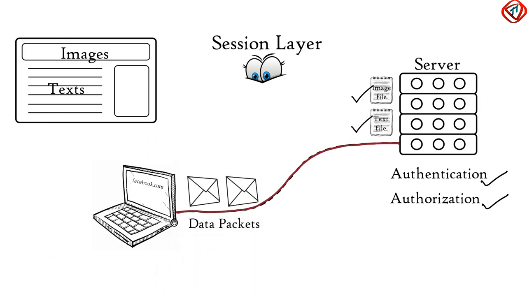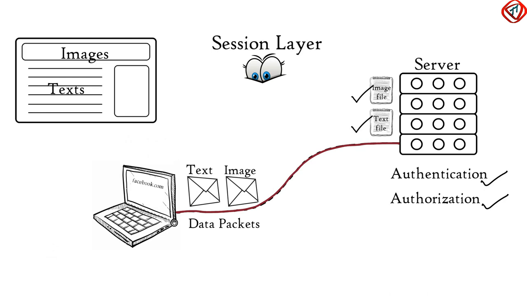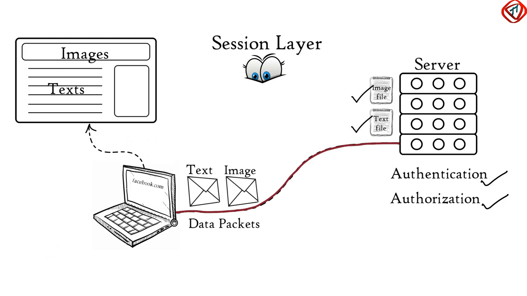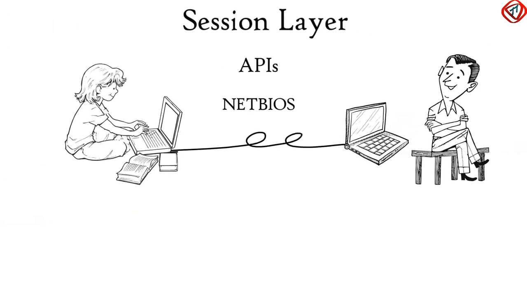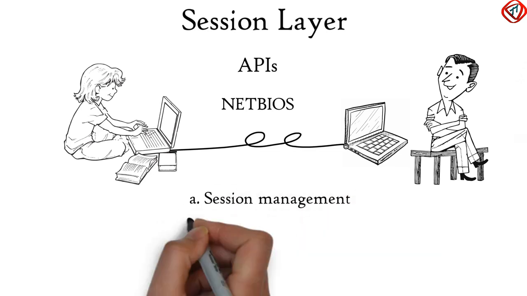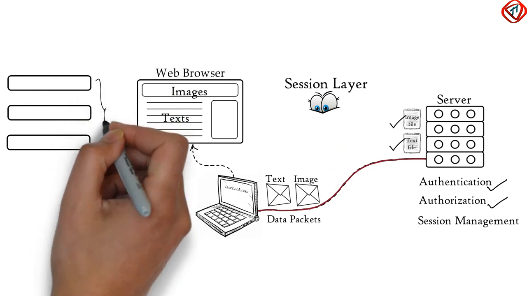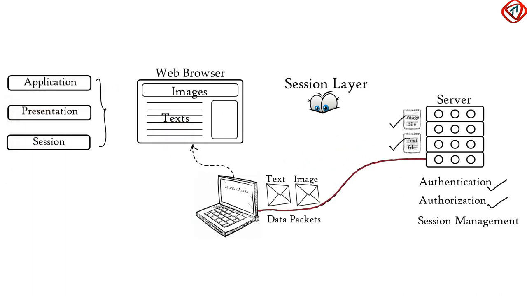The session layer keeps track of which data packet belongs to which file, either text file or image file, and tracks where the received data packets go. In this case, it goes to the web browser. That is, the session layer helps in session management. So, the session layer helps in session management, authentication and authorization. Your web browser performs all functions of the session, presentation and application layers.